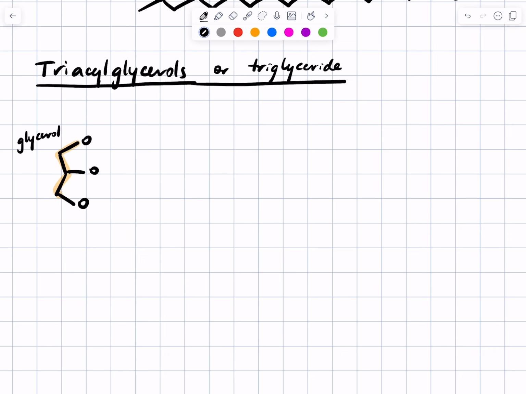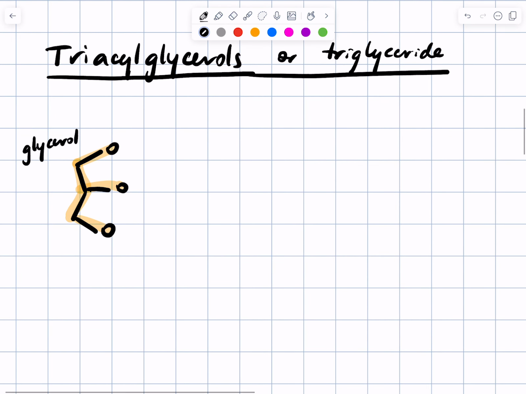So you've got that 3-carbon glycerol portion, an oxygen on each carbon, and then each of these oxygens is going to be tied up in an ester linkage with a long chain, what we will call fatty acid.